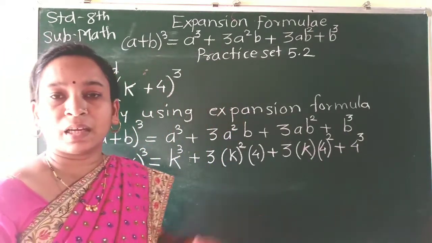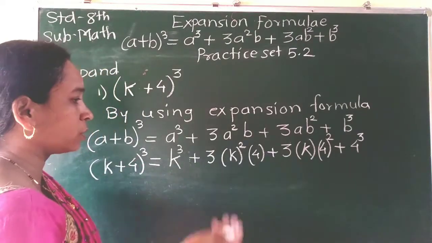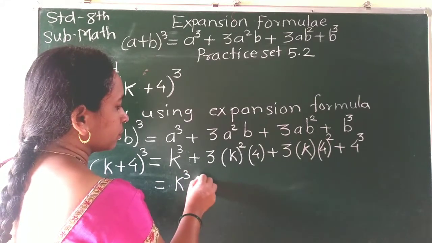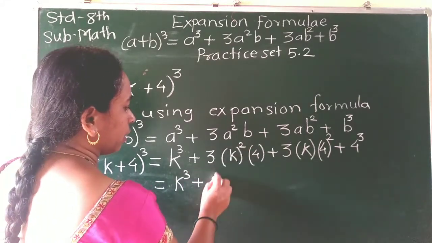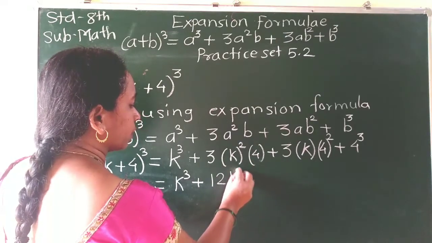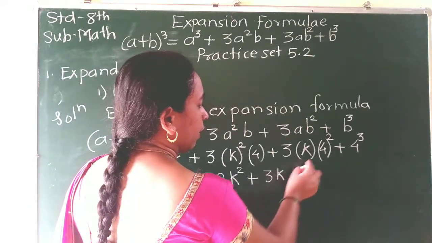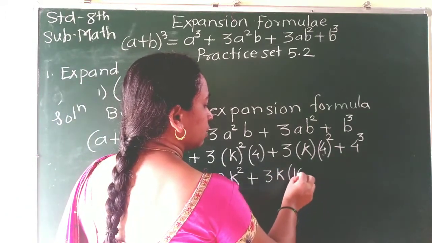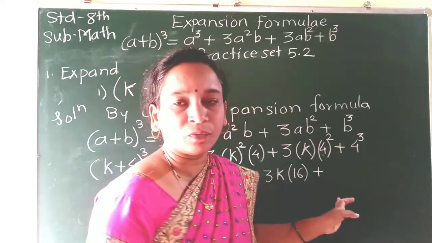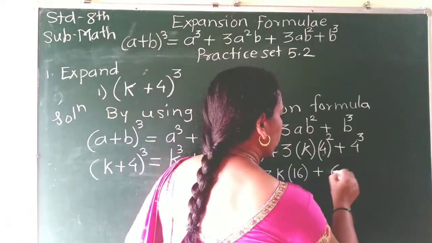Next step, now we are going to make the squares or cubes of the terms. So k cube as it is, here I'll make the square, k square, and 4 threes are 12. So 12 k square, plus here 3 k and 4 square is 16 times 3 is 48. I'll write it as it is, plus 4's cube. 4's square is 16 and cube would be 64.